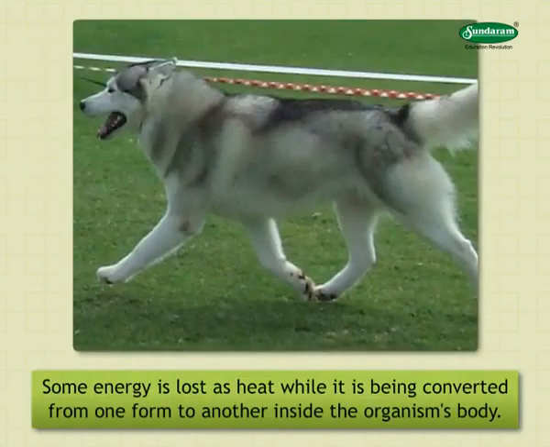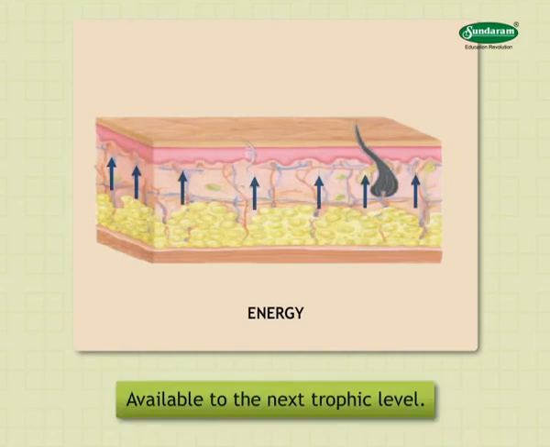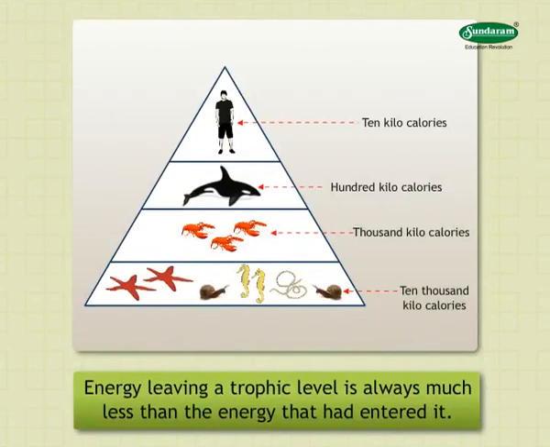Some energy is lost as heat while it is being converted from one form to another inside the organism's body. It is only the energy left over after all these activities are carried out that is stored in the body tissues of the organisms and becomes available to the next trophic level.